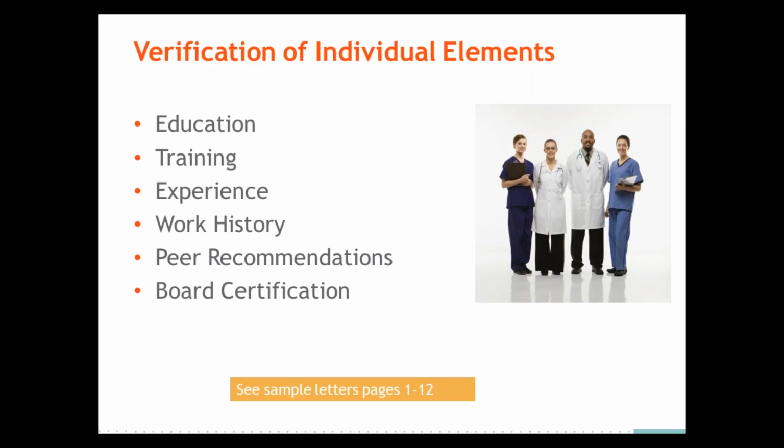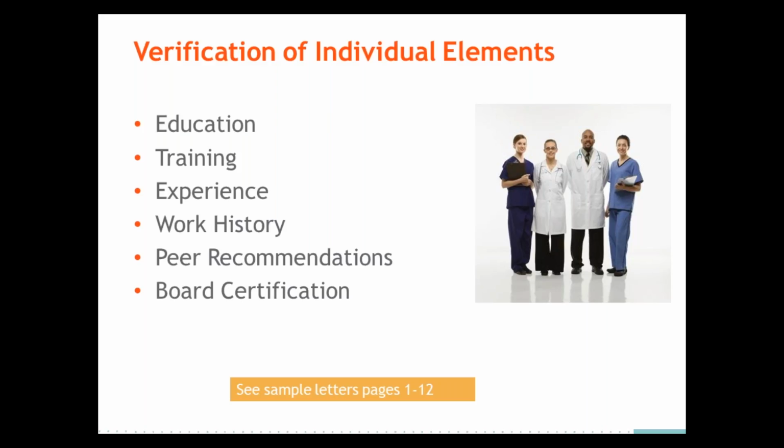Peer recommendations are another thing that we use. We ask the provider to include peer recommendations on the application. We like to see people who are currently knowledgeable about that applicant, and typically at least one person in a supervisory role who can provide information about how that person did.